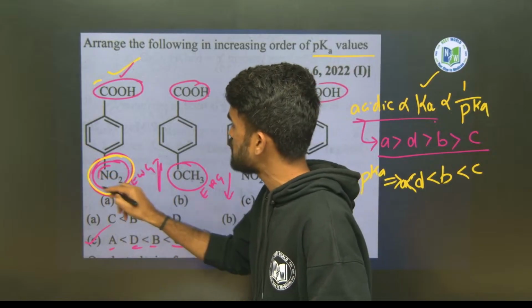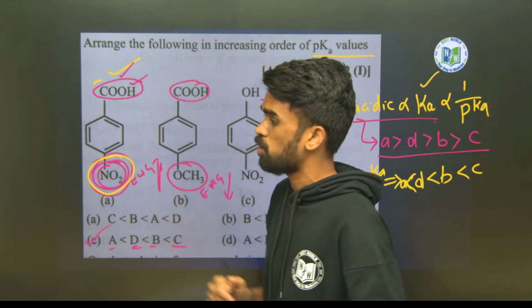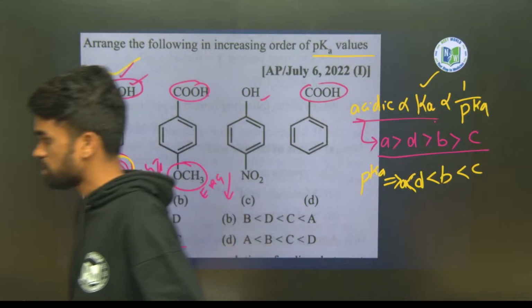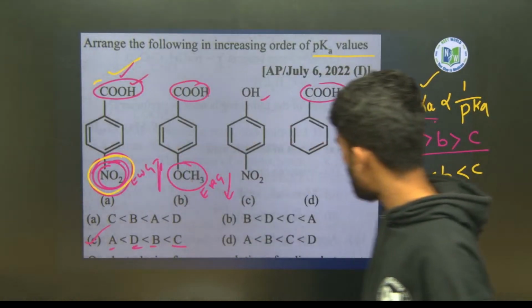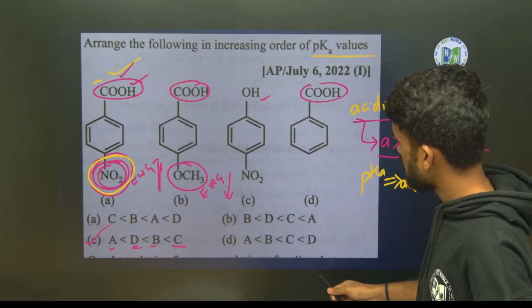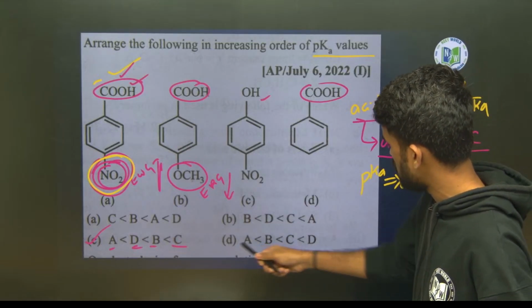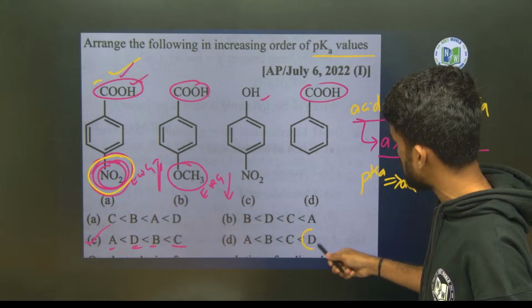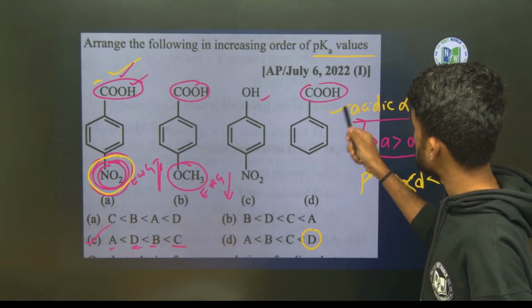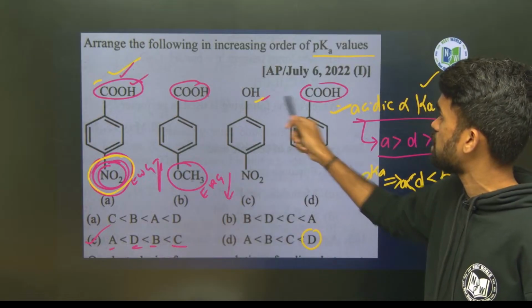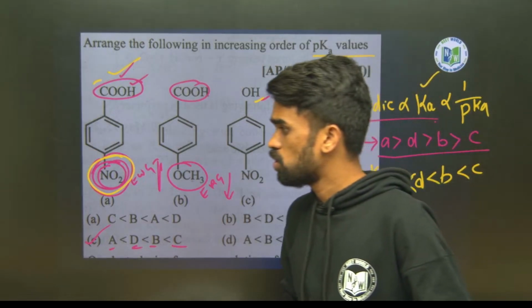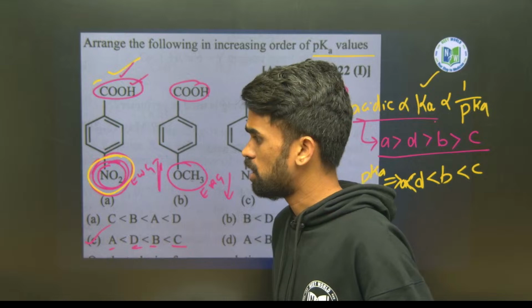Electron withdrawing groups increase the acidic nature of carboxylic acids because of stability. Okay, why not D, you are asking? See, in option number D, they are saying least acidic is D. No, carboxylic acids are more acidic than phenols. Always remember, carboxylic acids are more acidic than phenols. Okay, based on this you can give your answer.